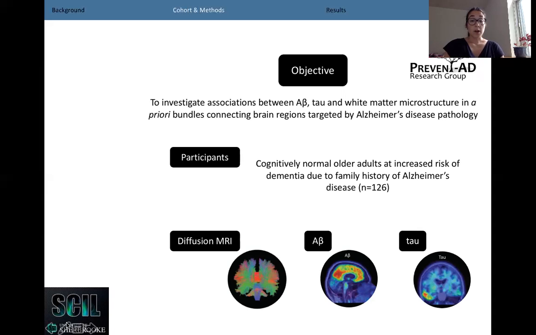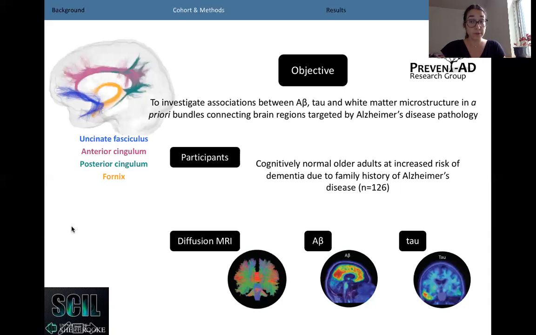All participants underwent diffusion MRI. This is the MRI modality used to be able to reconstruct the white matter architecture, yielding these beautiful tractograms. All participants also underwent positron emission tomography to be able to image the presence of amyloid and tau in the brain. From our tractograms, we then extracted our bundles of interest.